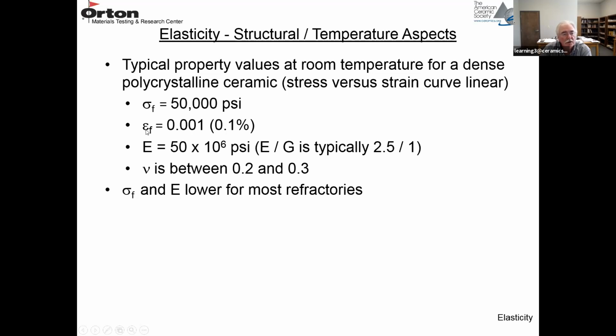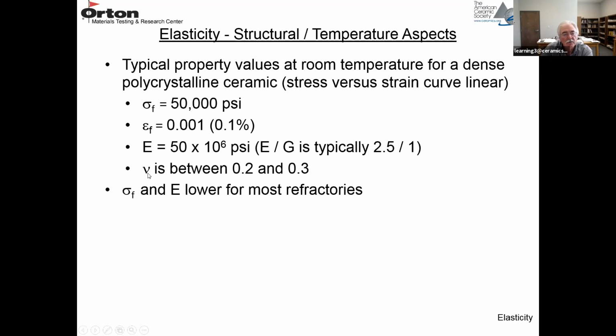The strain to failure, epsilon F, is 0.001 or 0.1%. So the relatively small strain before failure takes place, it's a brittle material. The modulus on a lot of polycrystalline ceramics is about 50 million psi. So the ratio of E divided by G, the Young's elastic modulus divided by the shear elastic modulus, is about 2.5 to 1.